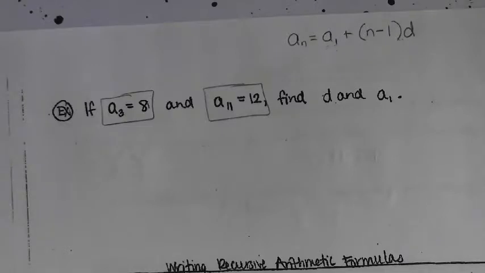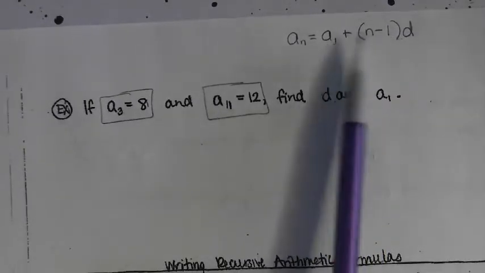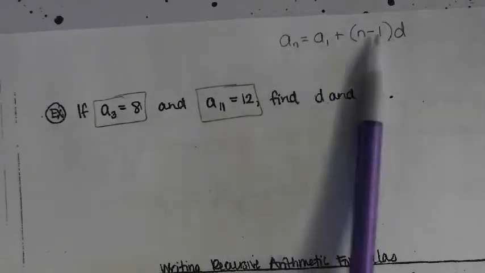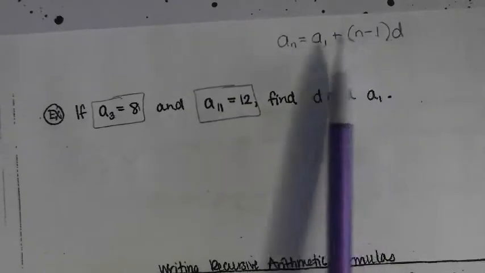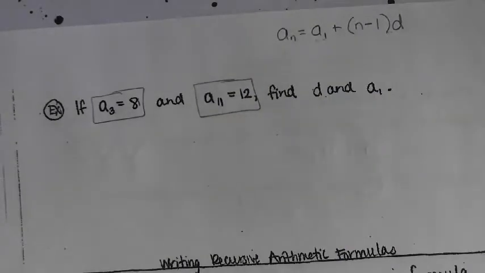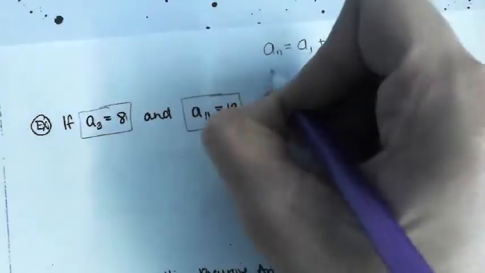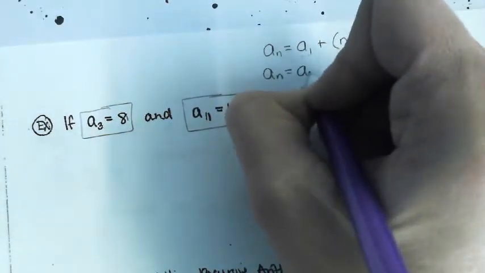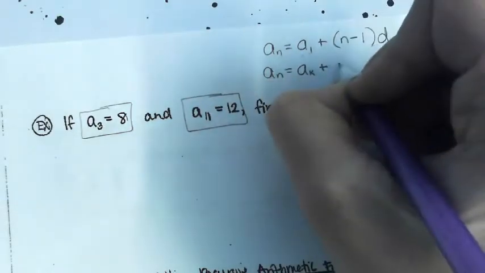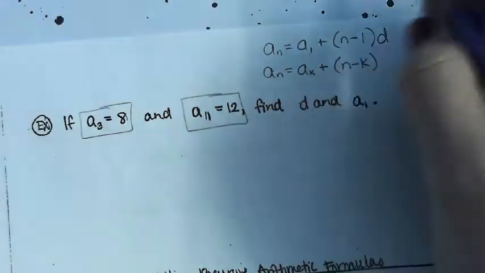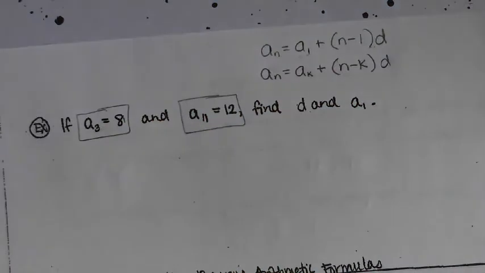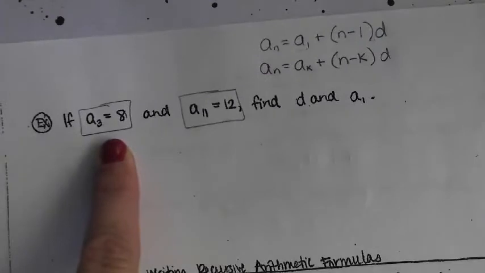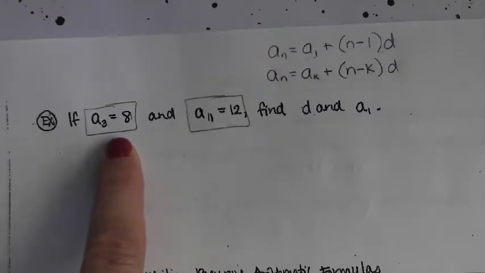So how do we find that? Again, the formula is written explicitly for the first term. This one and this one are both kind of based on the fact that it's knowing the first term. But I have written since a different formula where I change the ones to k's. So if you don't know the first term and you happen to know the third term, you can still do it.